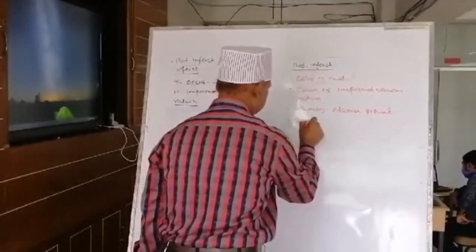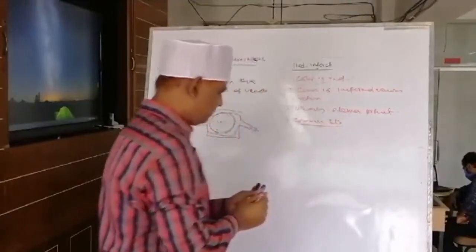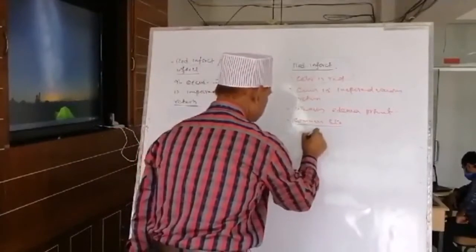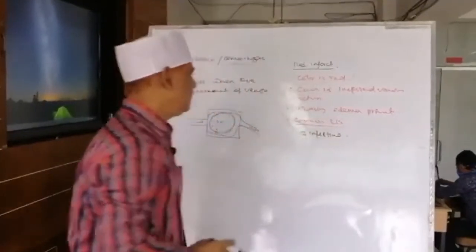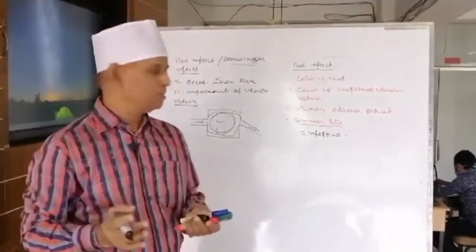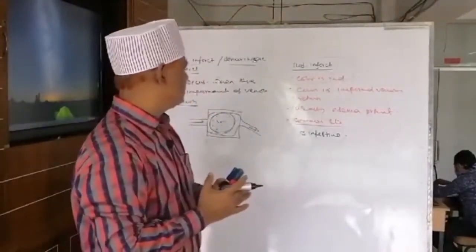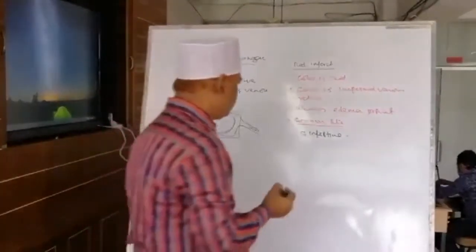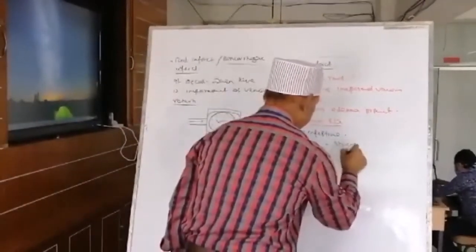Common sites of red infarct: intestine. When there is intestinal obstruction like strangulated hernia, if the intestine undergoes infarction, the red infarct occurs there.